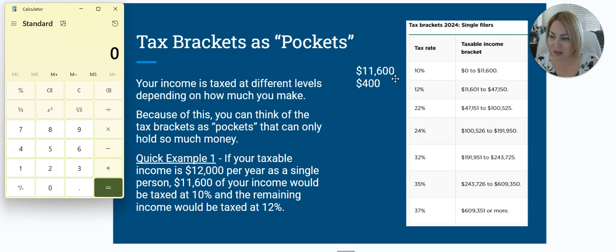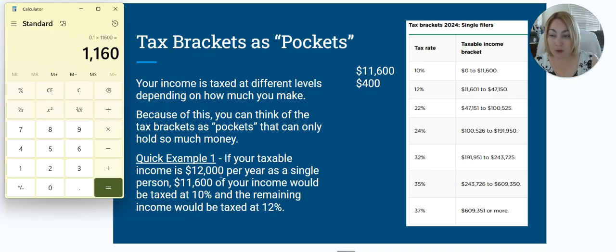So, we're going to take 10% and divide it by 100. I get 0.1. I like to think of it as 0.10 just because it helps me connect, like 0.10 is 10% as a decimal. Okay, so now that I've got my percent as a decimal, I'm going to multiply by 11,600.